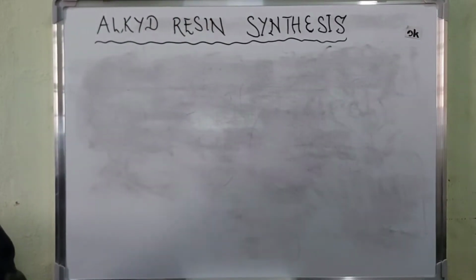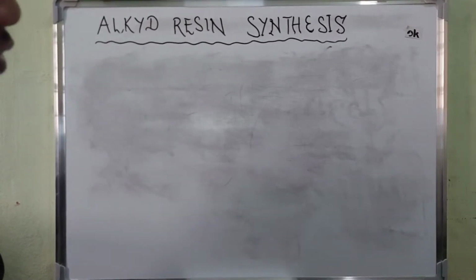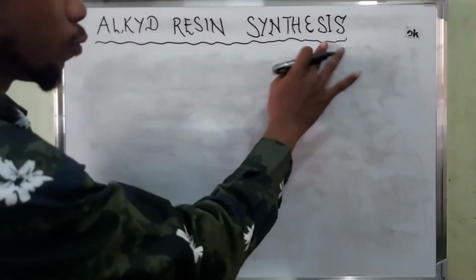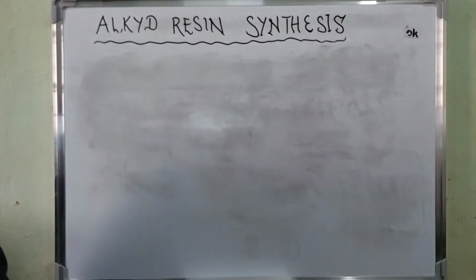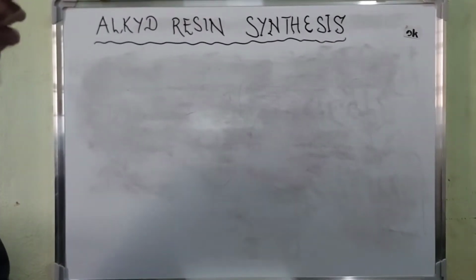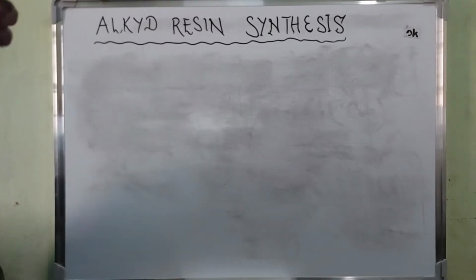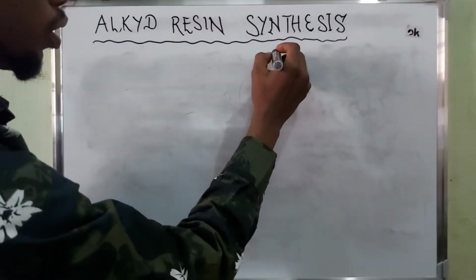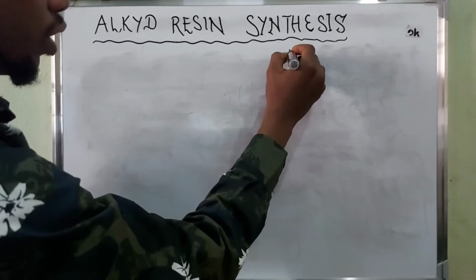So guys, the next thing we are going to do is to go into the synthesis proper, how to measure the required ingredients. Bear in mind, for the first stage of the synthesis, the reagents that we will be employing are the oil, which is our drying oil.